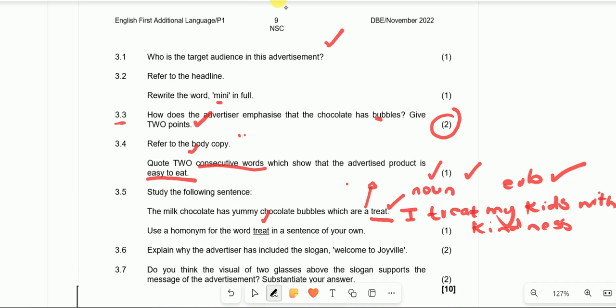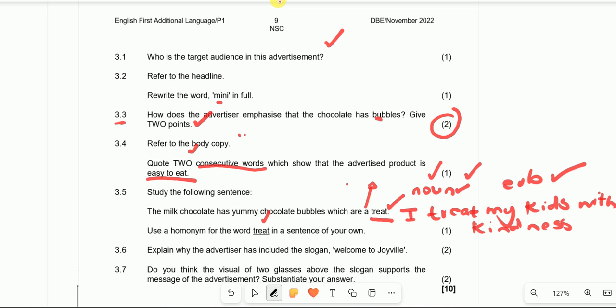So you look at how the word treat is used in a sentence. The milk chocolate has yummy chocolate bubbles, which are a treat. Remember, anything that comes after an article such as a, an or the, we call that a noun. So the word treat here is used as a noun.